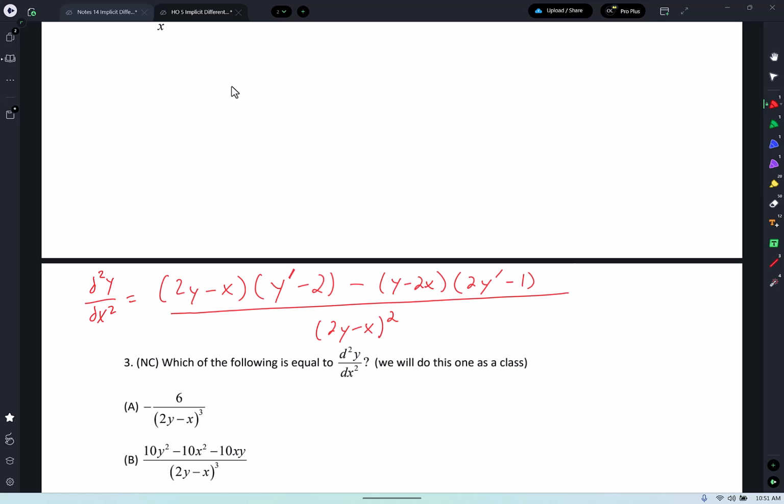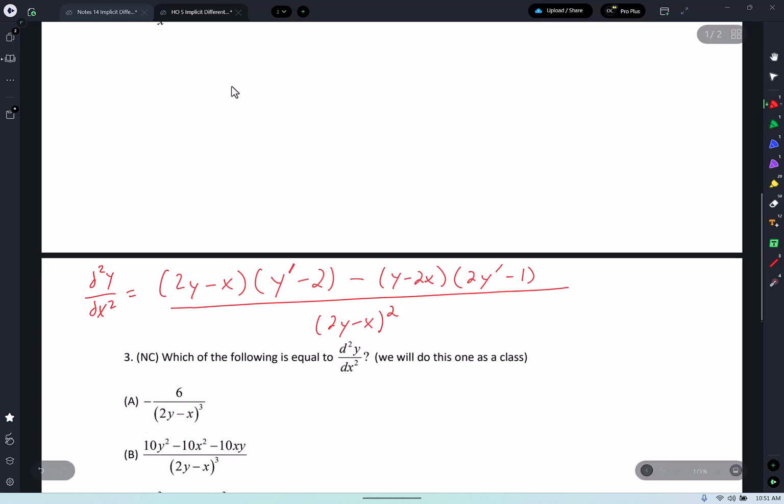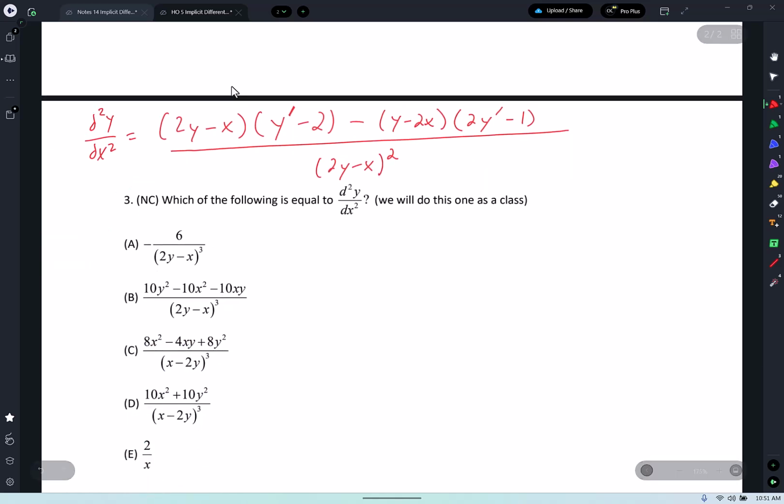All right. Can I simplify it? No, I don't think I can. I'm going to have to do the algebra. All right, we're done. We just have to do algebra now. So I'm going to go real slow. 2y times y prime, so I'm going to write 2y y prime. Wherever you see y prime, that's dy dx. 2y times negative 2, that's going to be a minus 4y.